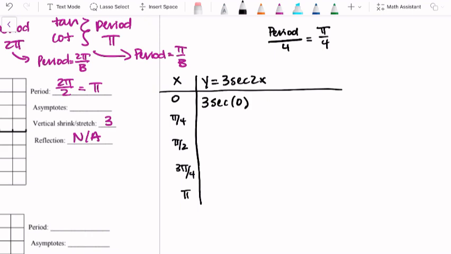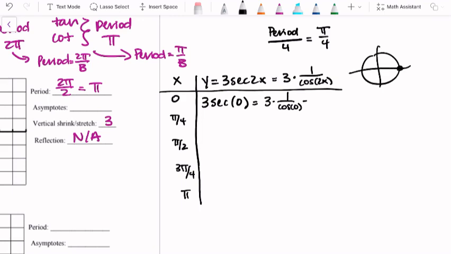Okay, so remember that secant is really equal to 1 over cosine. So that means that I could also write this function as 3 times 1 over cosine of 2x. And that might be helpful just to figure out your values using your unit circle. So I'm going to have 3 times 1 over cosine of 0, and drawing my unit circle, that's going to be right here, so it's going to be equal to 1. So 3 times 1 is equal to 3.